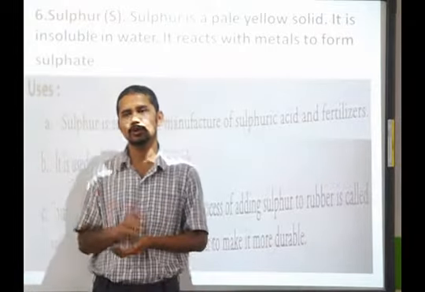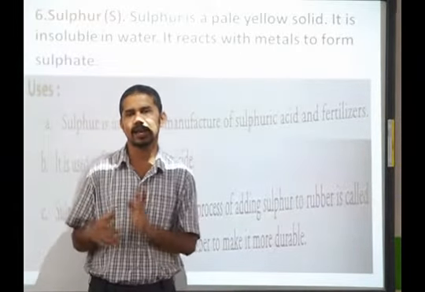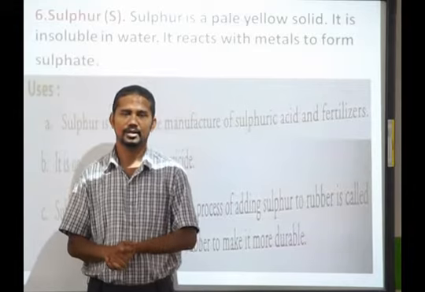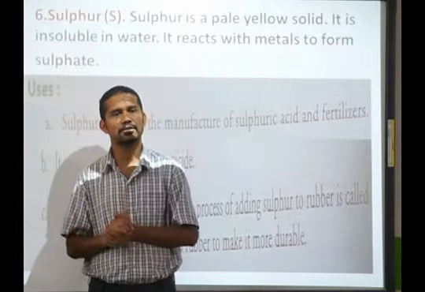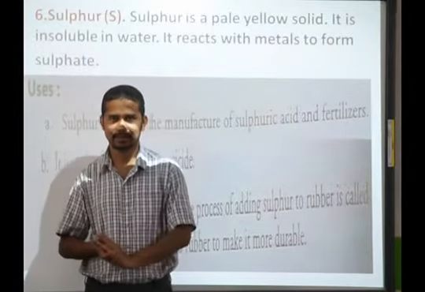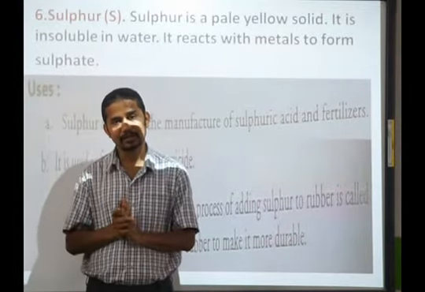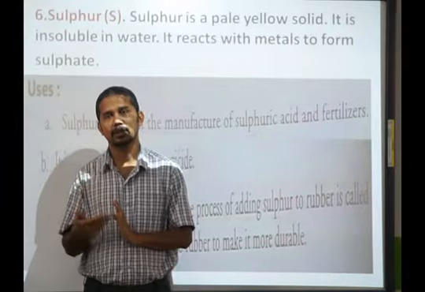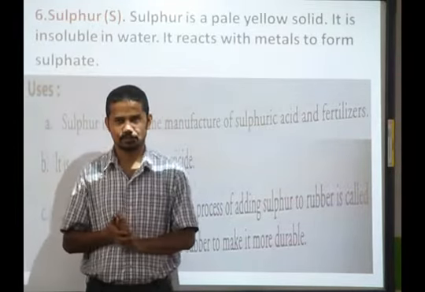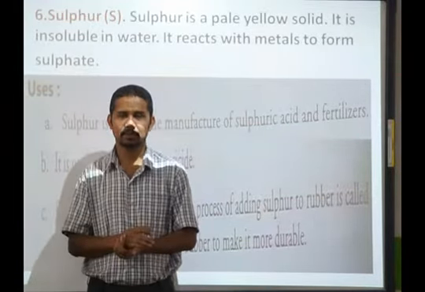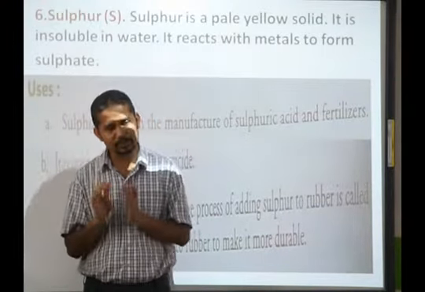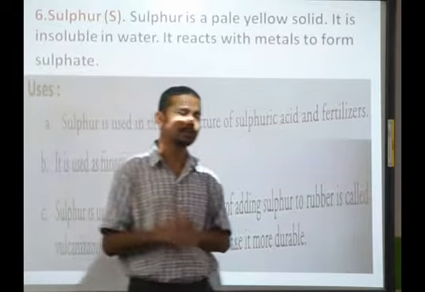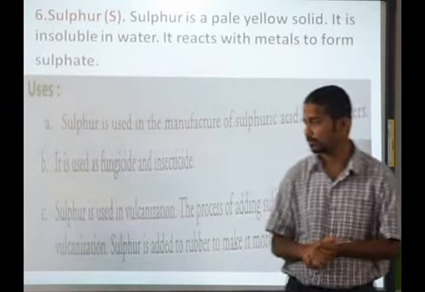It is generally done in the case of tires, so that the tire runs for a longer time. So the process of adding sulfur to rubber is called vulcanization.